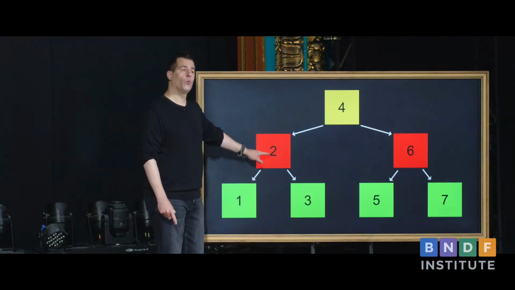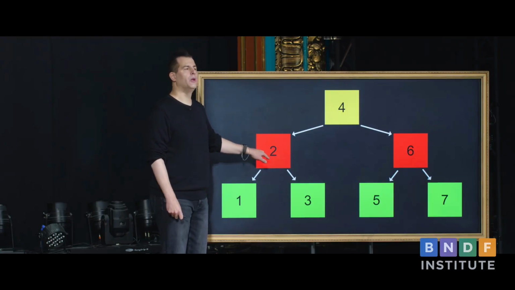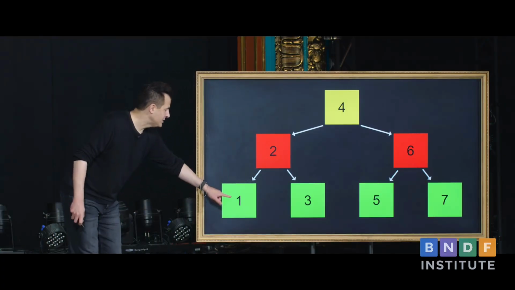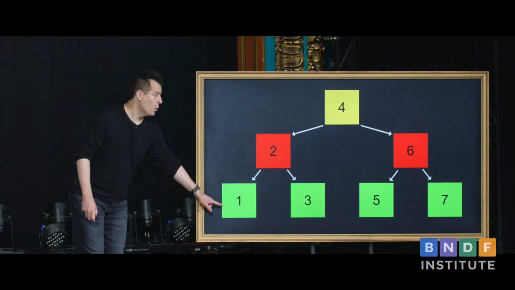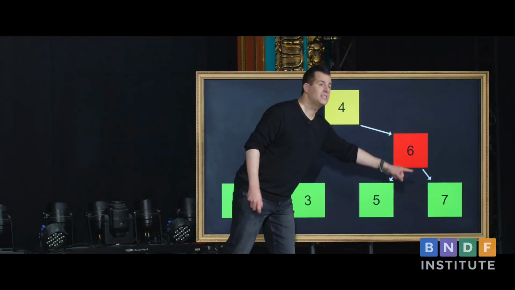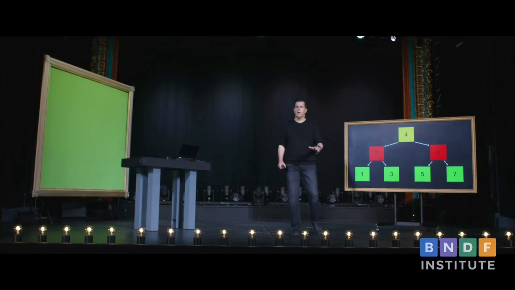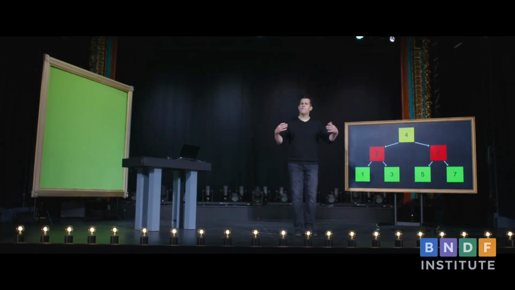Is the number I'm looking for, 1, less than, greater than, or equal to this value? Of course, the number 1 is less than, and so we go down this way. Notice we have not looked at this element, or this element, or this element, or this element. In fact, we've sort of divided and conquered this problem by chopping the tree, if you will, in half and half and half.